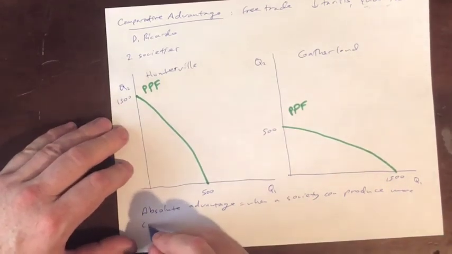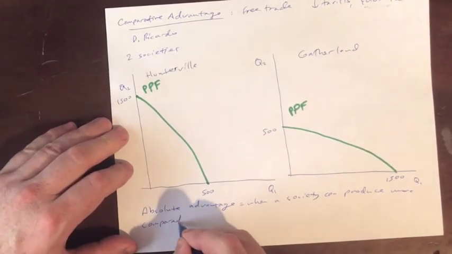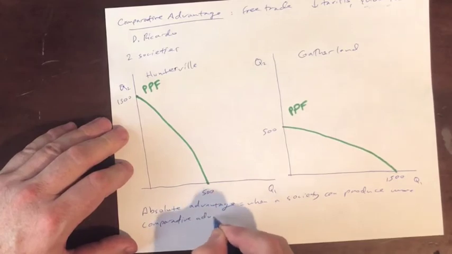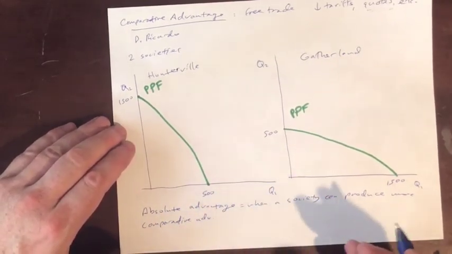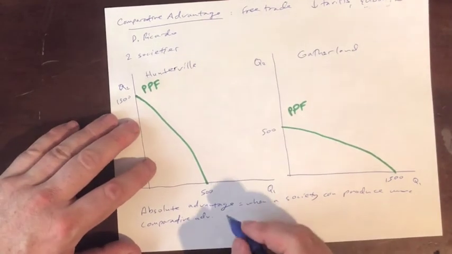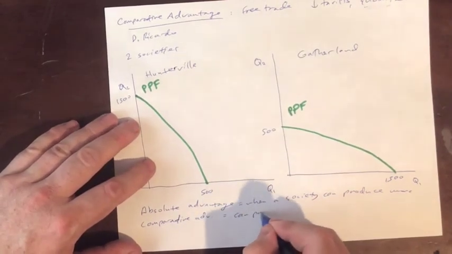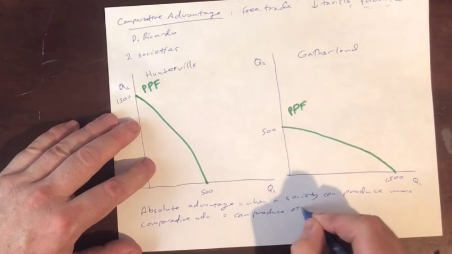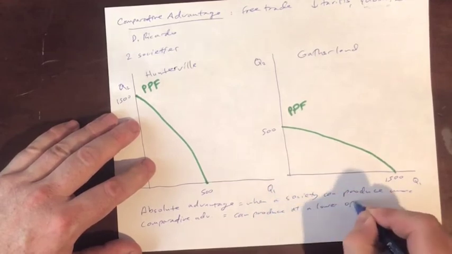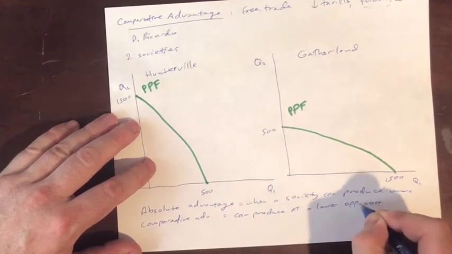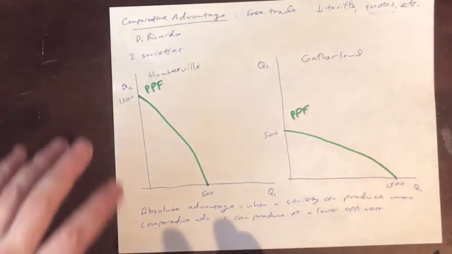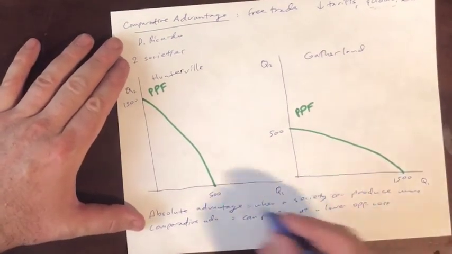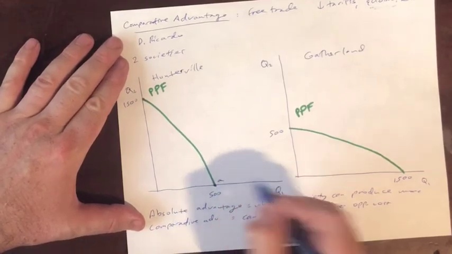Now, comparative advantage, on the other hand, is when a society can produce at a lower opportunity cost. In order to understand this, for Hunterville, let's take two simple examples.